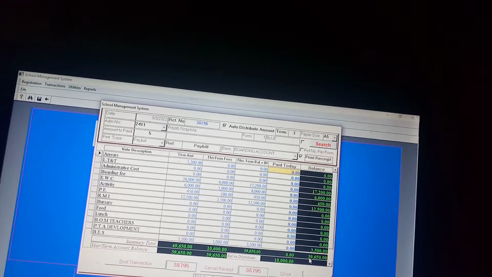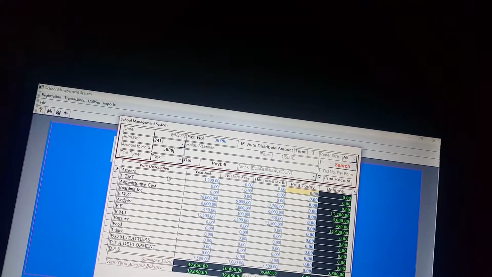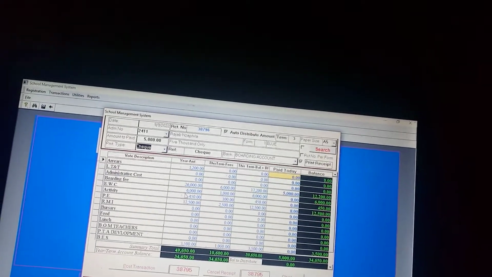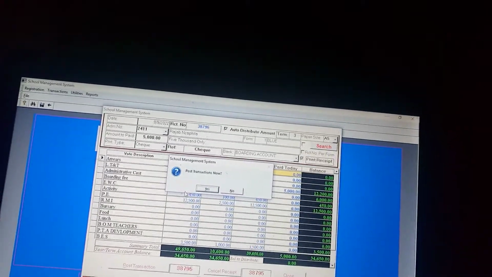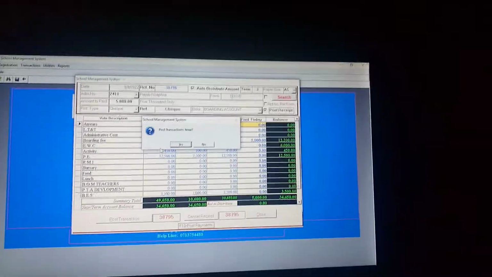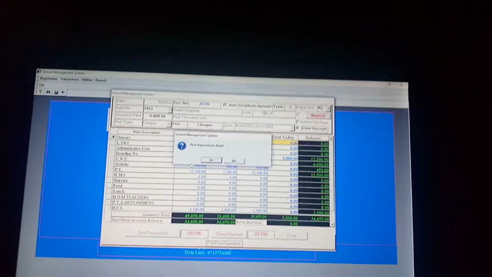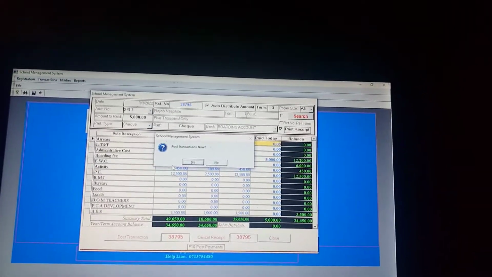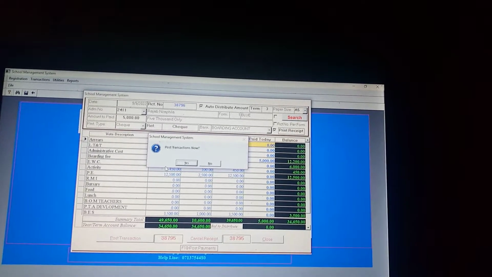He comes again and pays 5,000, for example, and this time he pays through a check, maybe to the same account, and we press F10 to post that transaction. Now when you post the transaction and your computer is connected to a printer, then that printer prints that receipt immediately.